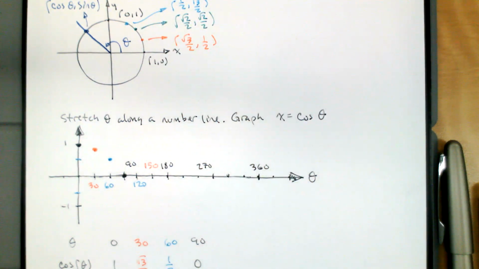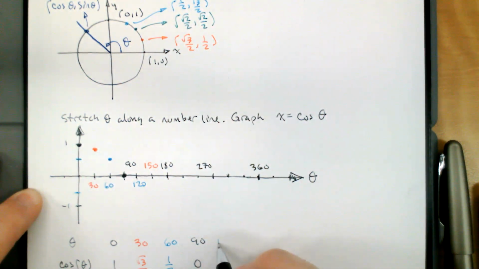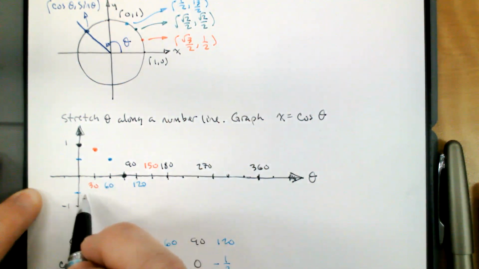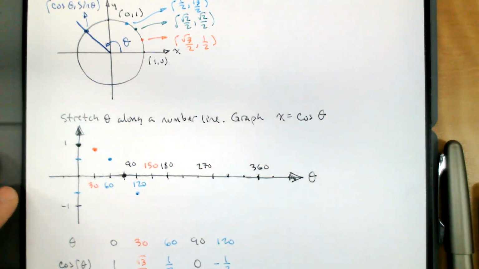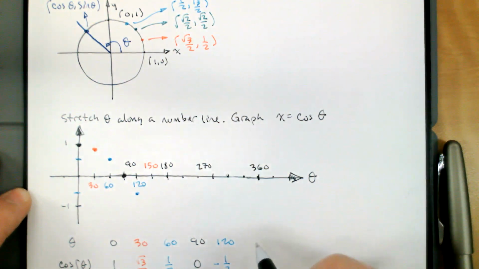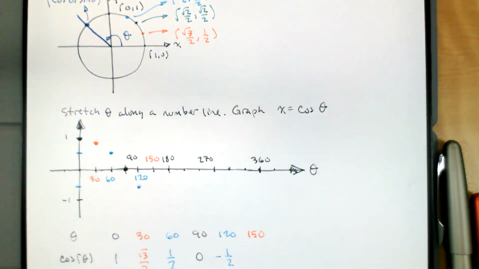So 120 has a 60-degree reference angle. So the cosine of 120 is going to be 1/2, but it's in the second quadrant, so it'll be negative 1/2. So at 120, we still have the 60-degree reference angle. We'll be at negative 1/2. At 150, that's a 30-degree reference angle.